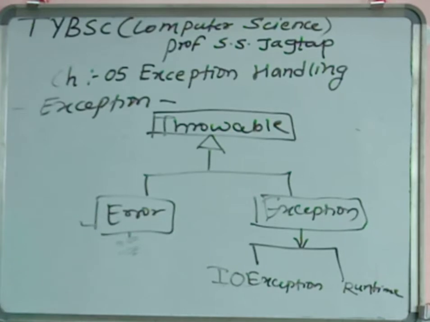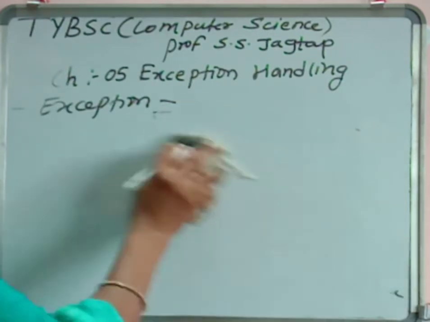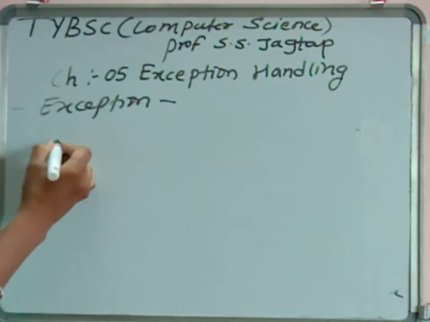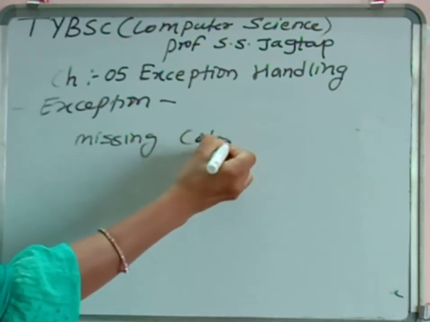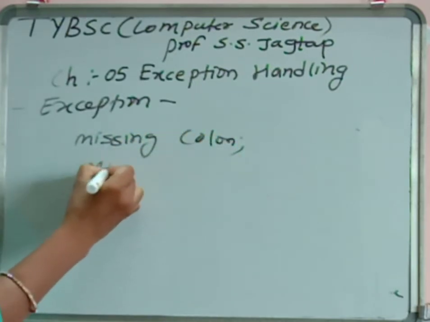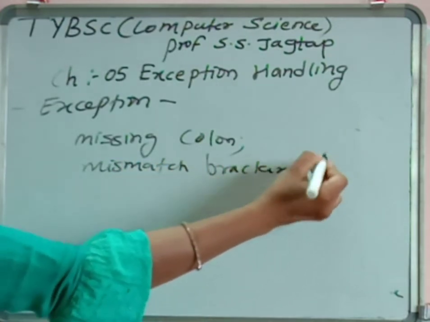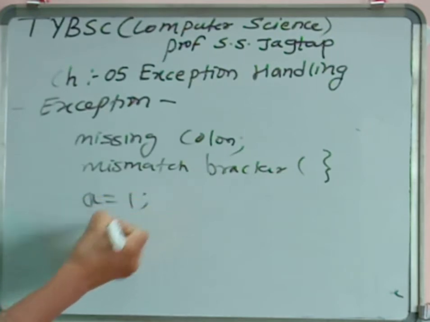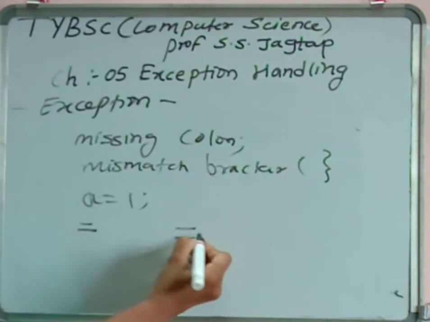When any kind of program is developed, there might be errors, and these may produce unexpected results. There are types of errors like compile time error and runtime error. Compile time errors are, for example, a missing semicolon in a program, a mismatched bracket, use of an undeclared variable, or use of an equal to sign instead of double equal to.